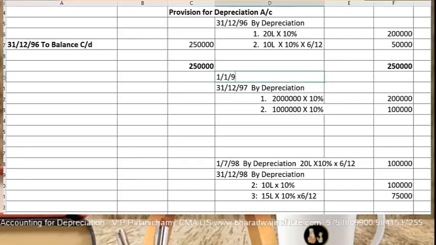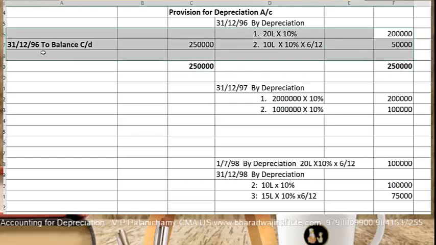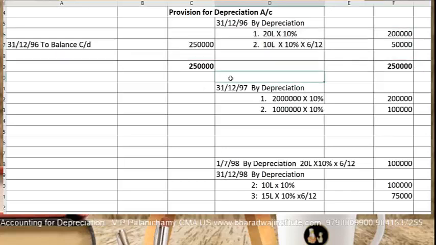Then the next year, 1/1/97. Once again I repeat, the depreciation is recorded in the provision for depreciation account by depreciation 2,50,000, and the ledgers are closed. Then next year, by balance brought down, which is nothing but the closing balance of the last year.